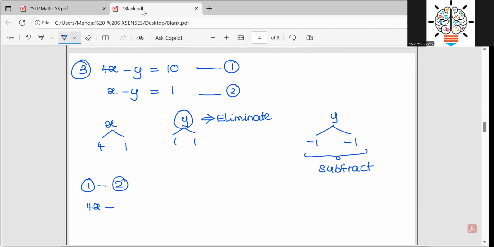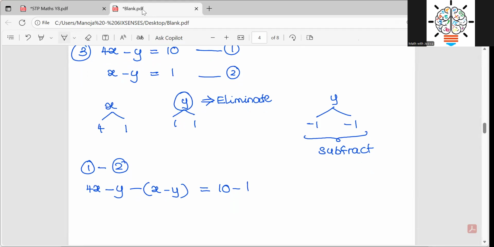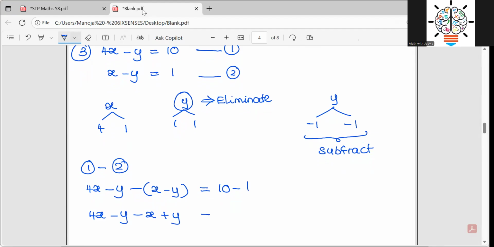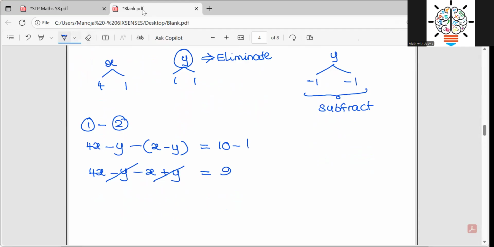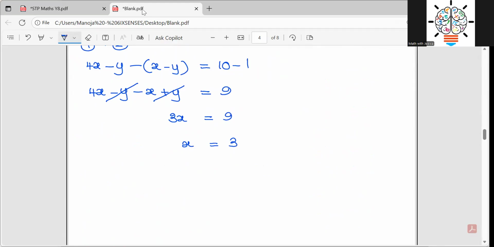Then 4x minus y subtract x minus y equal to 10 minus 1. Then I simplify the bracket, 4x minus y minus x plus y equal to 9, and negative y and positive y cancel. Then 4x minus x, it is 3x equal to 9 and x equal to 3. So here you can write x is equal to 3.